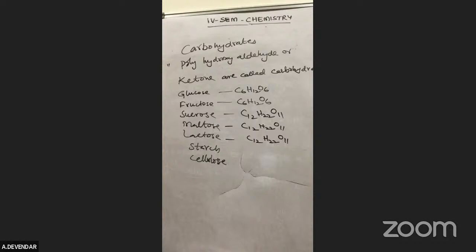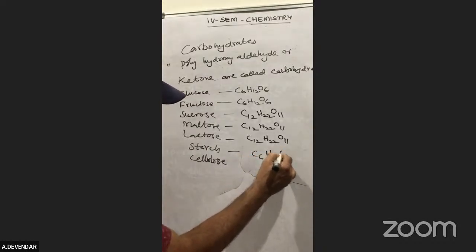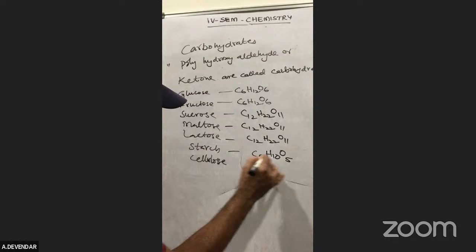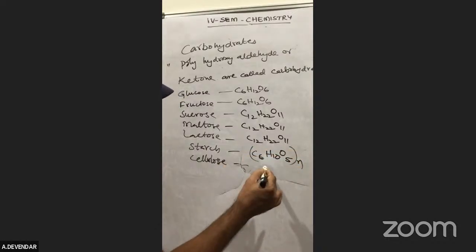You decant the water of the rice, and that is called starch. We are eating the wastage only and removing the starch. Starch is a carbohydrate with the formula (C6H10O5)n. Same with cellulose.